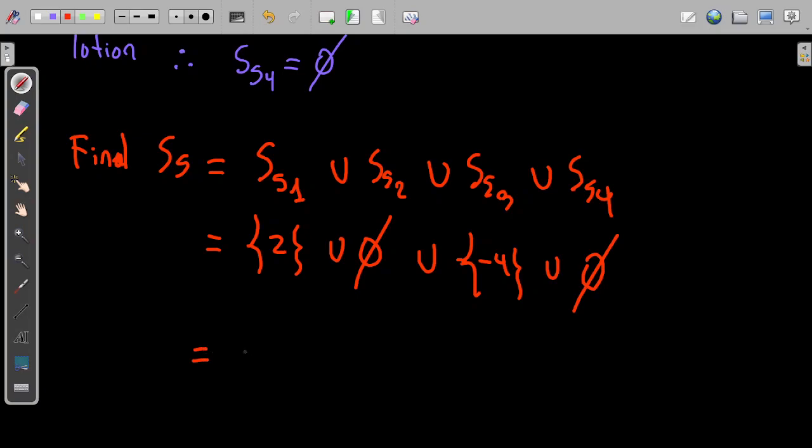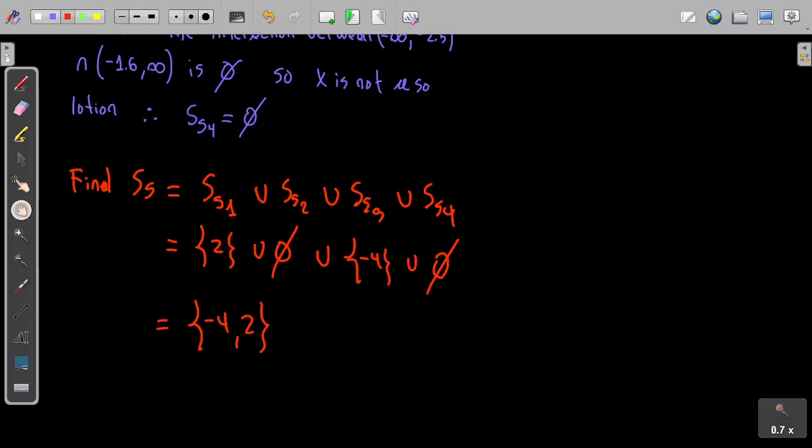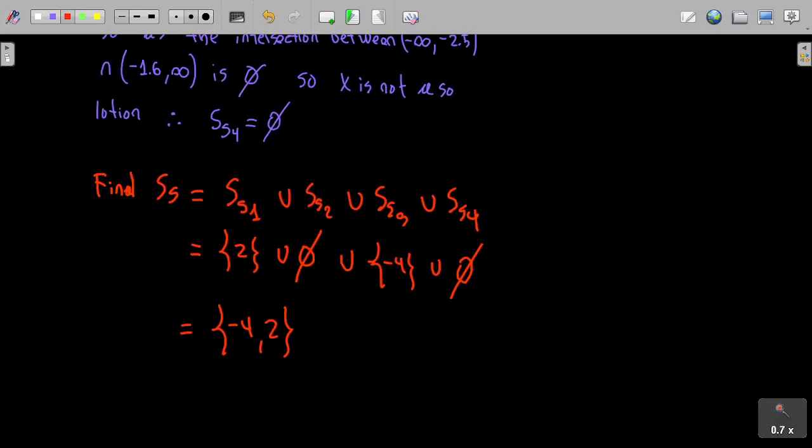So we finally get that the solution set is negative 4 and 2. And that's the final solution of this exercise.